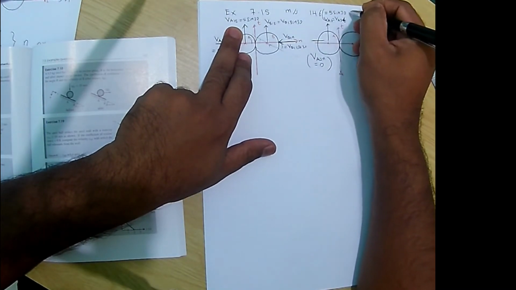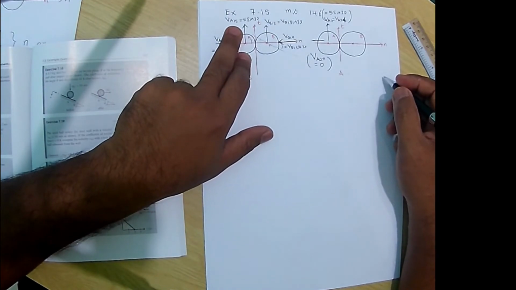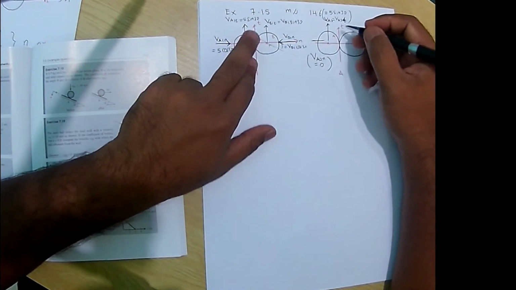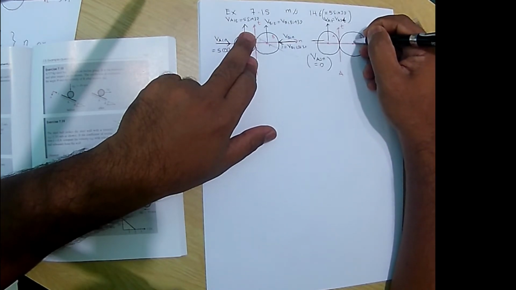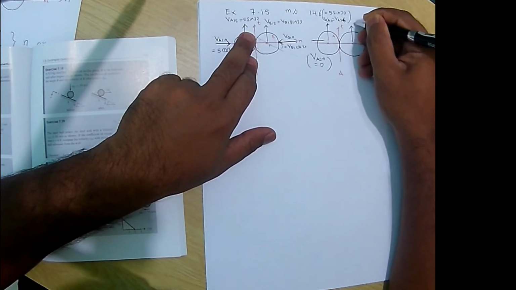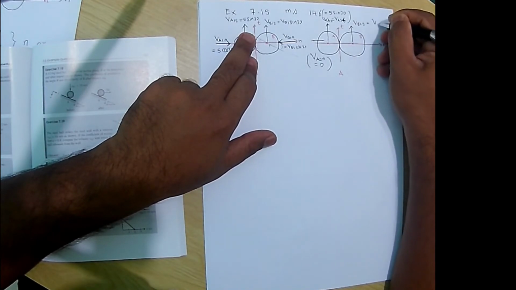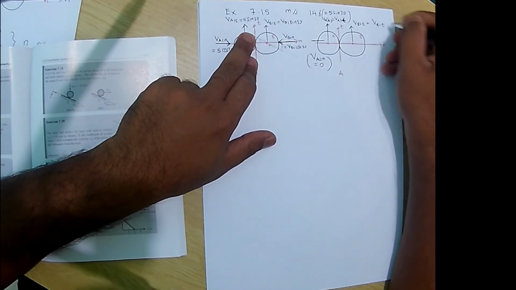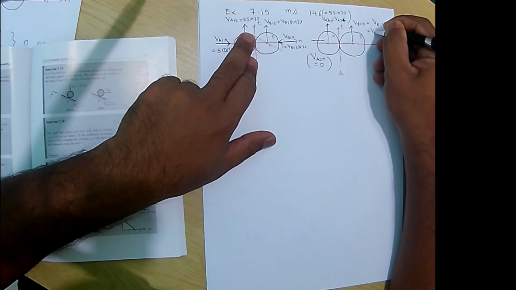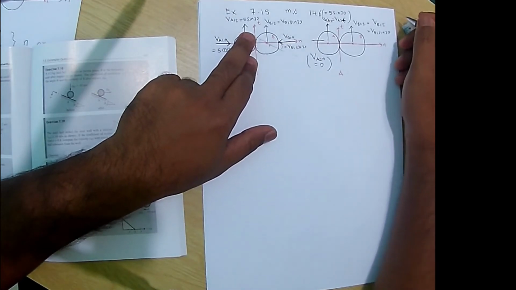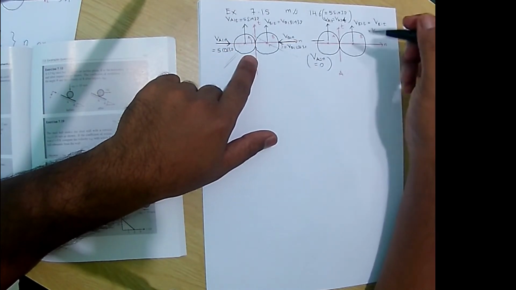And for VB2, VB2t is the same as VB1t, which is equal to VB1 sin 30.